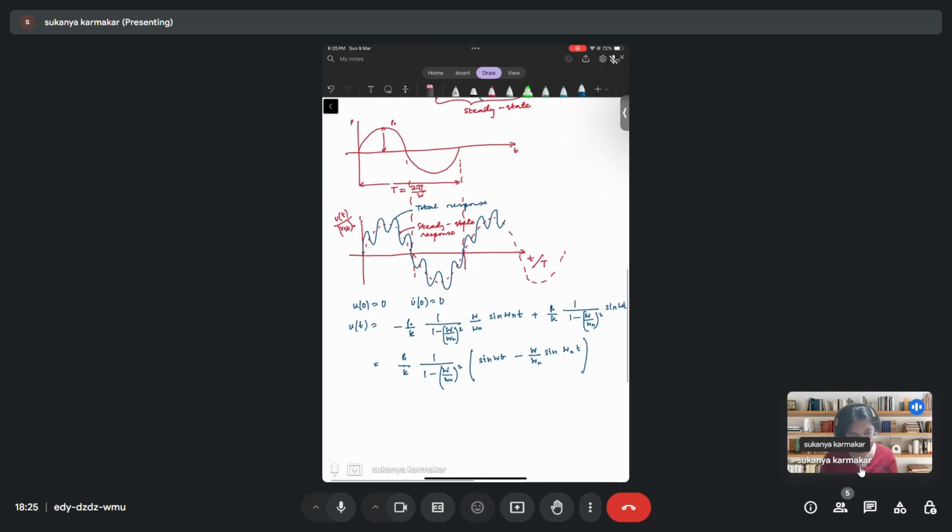So this is the steady part and this is the transient part. Even if the initial conditions are 0, you will have a transient part and a steady state part.